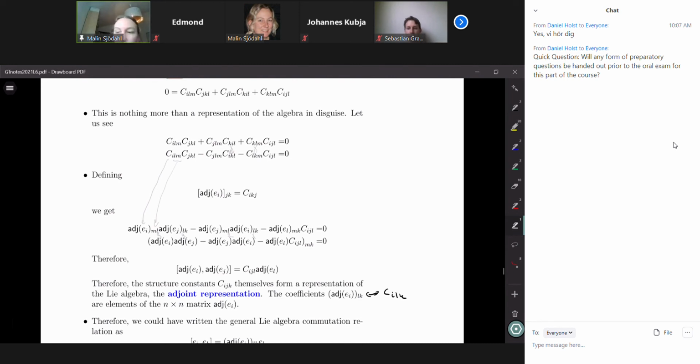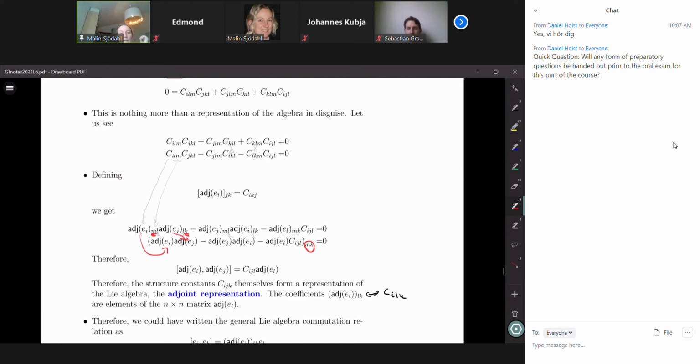So the three indices here, that is m and k. So this can be seen as adjoint E_i from there, adjoint E_j from there, and then component mk from m and from k for the first term.